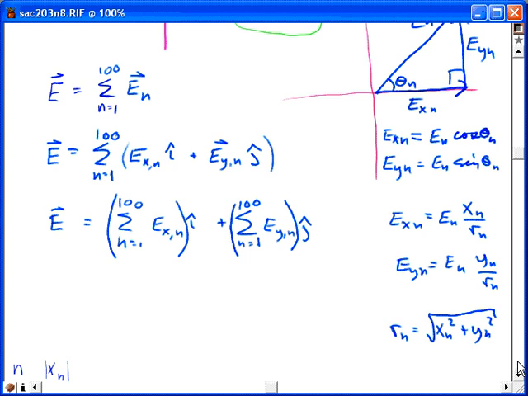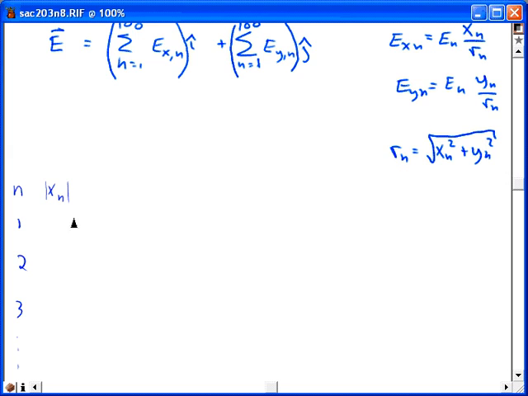Here it doesn't matter because it's getting squared. So x sub n, the value of it will be this value times, I'm going to try, n times 0.01 meters.